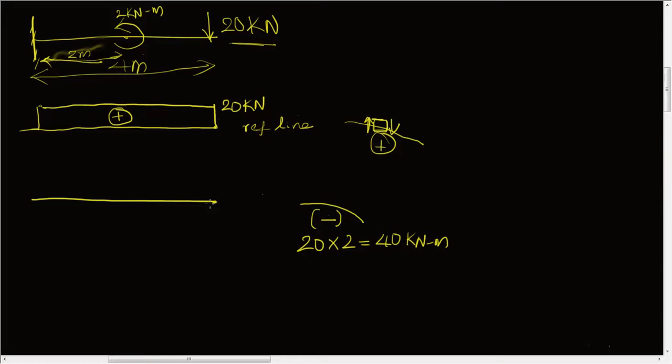So our bending moment diagram will be like this. This is a straight line actually. Since there is a constant line here, we should get an inclined line here, always one degree extra.